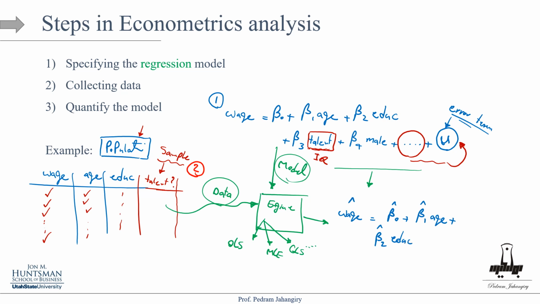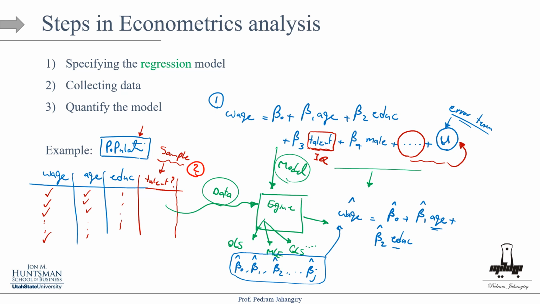That's it. This is going to give us an exact relationship between predictions of the wage and some random variables on the right-hand side and some numbers, right? So the job of this engine is to give me beta hat 0, beta hat 1, beta hat 2, and etc. In general, beta hat j. If I have these numbers, then I can plug them into a formula to come up with some predictions. Let me give you an example.